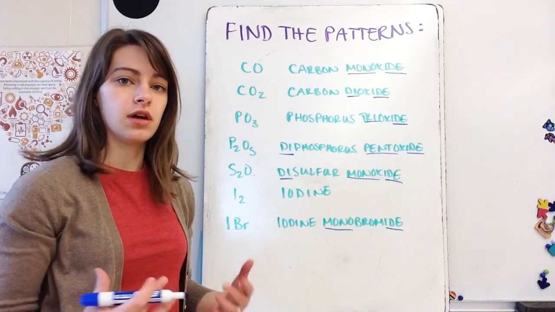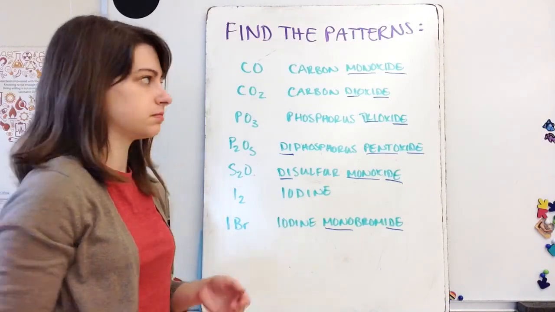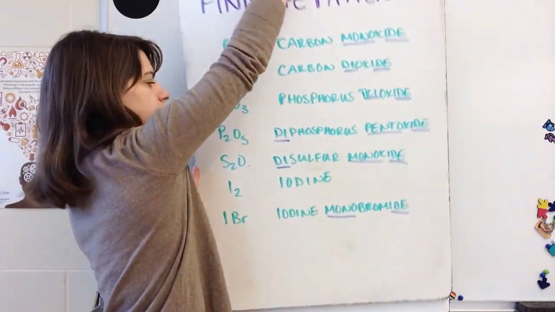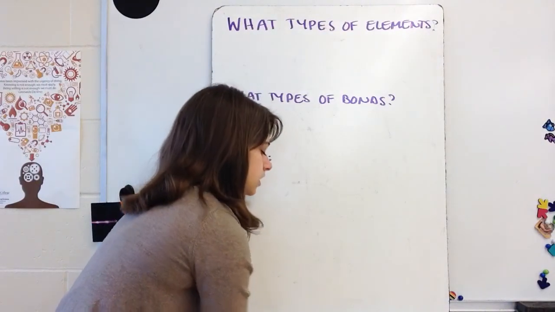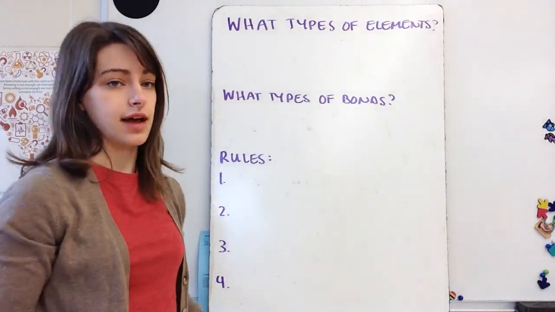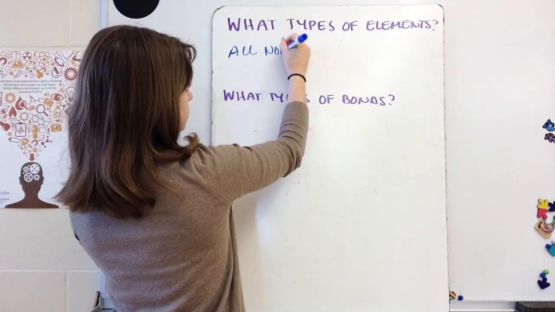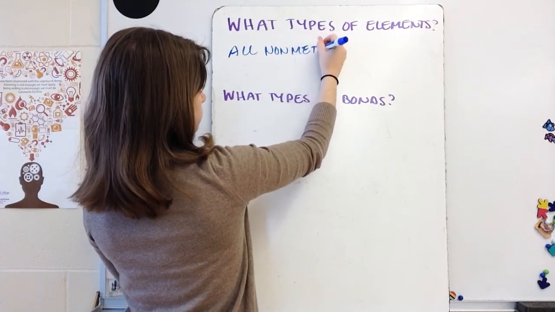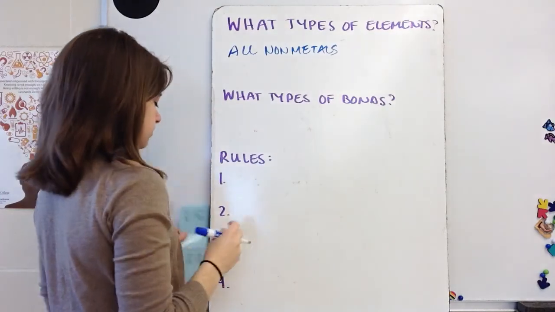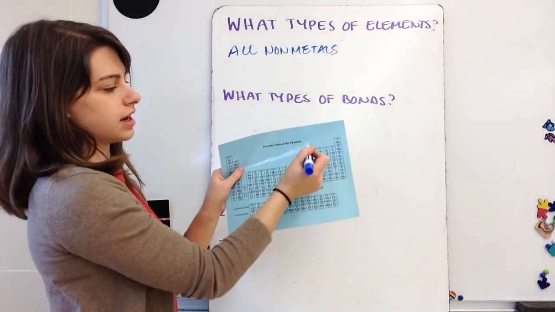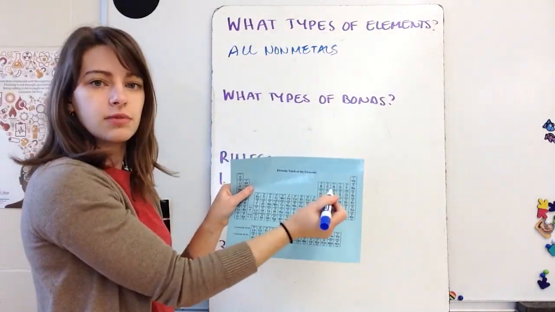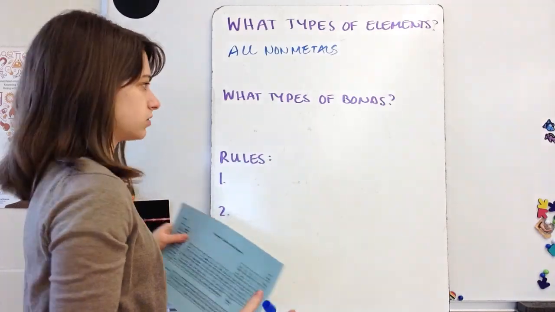Are they metals, metalloids, or nonmetals? You should be saying that these are all nonmetals. All of these elements are up here in this corner of our periodic table, so that makes them all nonmetals.